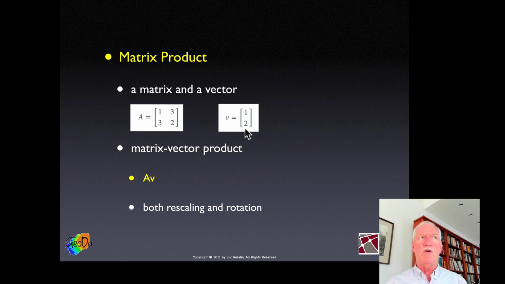And you may recall from your matrix algebra that you get this product by multiplying the first element in the first row with the first element in the vector plus the second element in the first row with the second element in the vector, and so on. So a matrix vector product is written as A for this 2 by 2 matrix and V for this 2 by 1 matrix, row number first, column number second.